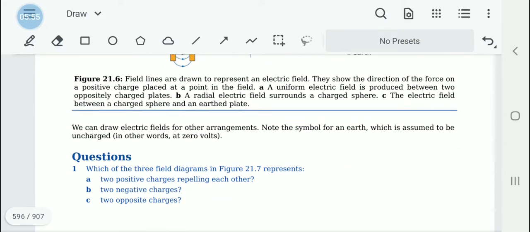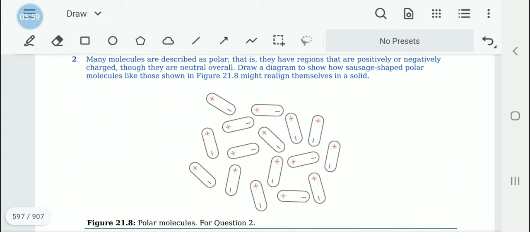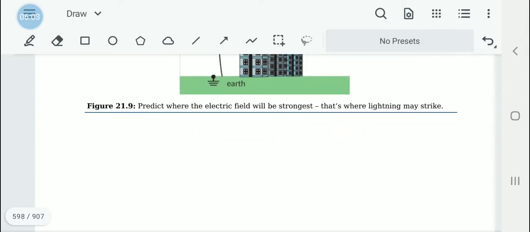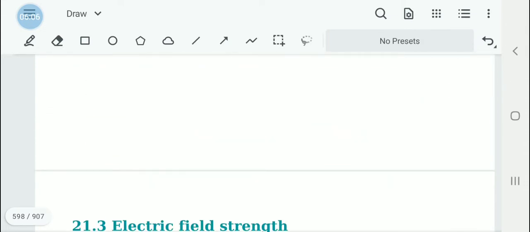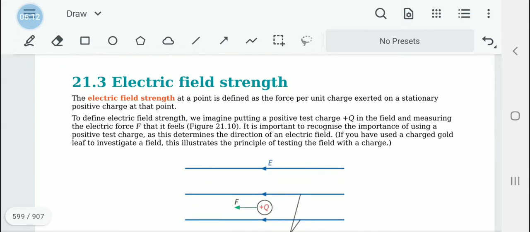I hope you understood, and I'm sure you have done question number 1, 2, and 3. Now I'm going to move on to electric field strength. So let me explain what electric field strength is first.